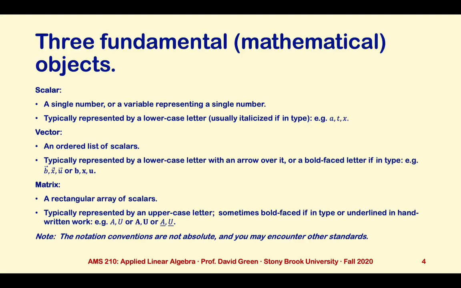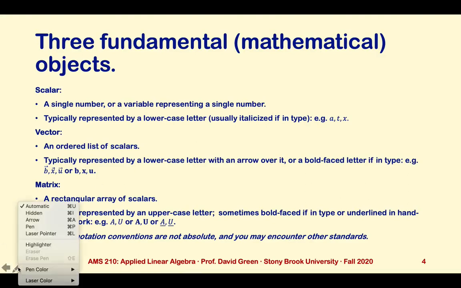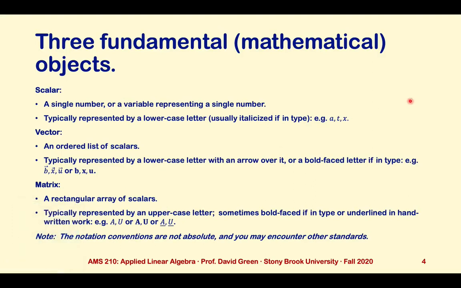The way we usually represent scalars, if they're not just a number, is as a lowercase letter, very often italicized when we are presenting things in a typewritten setting. So scalar variables or scalar constants will be represented by things like a, t, and x. Recall that a, given that it's early in the alphabet, is likely a scalar constant. t and x are likely scalar variables.